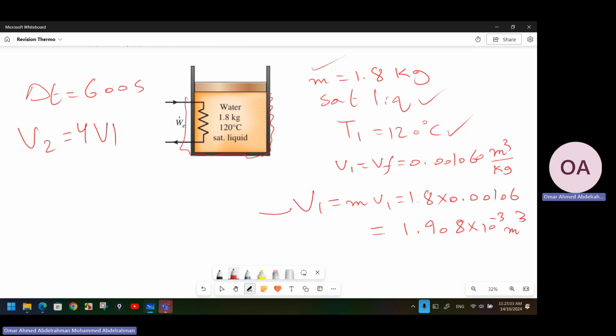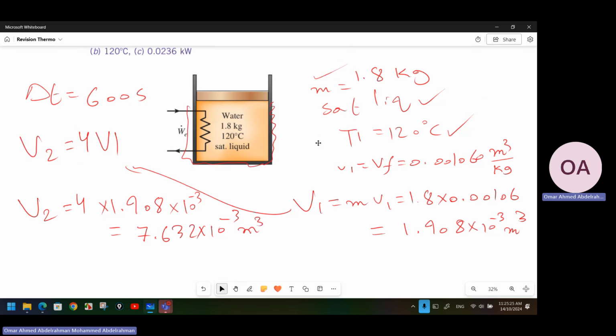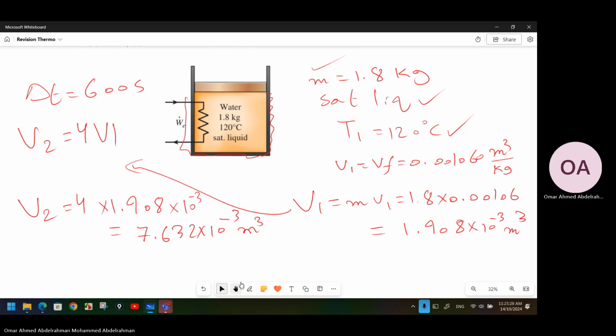Thus I can know V2, right? V2 is equal to 4 times V1. So you finish part A, whether he asked for V1 or V2. This gives 7.632 times 10 to the power negative 3 meter cubed. Okay, let's see part B.